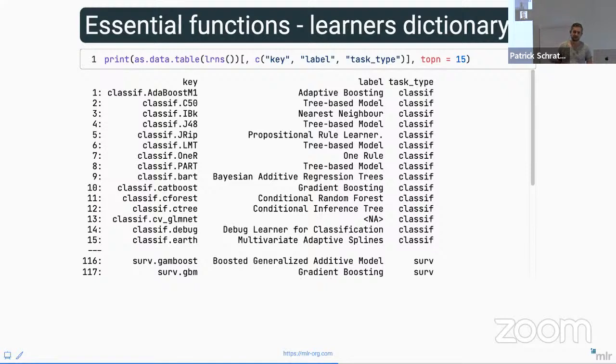And for some of these learners, we've also made some opinionated changes to the defaults. Sometimes for parallelization reasons, sometimes for other reasons. For example, for the random forest, we have implemented an additional parameter called mtry.ratio, which is needed. It scales between 0 and 1.